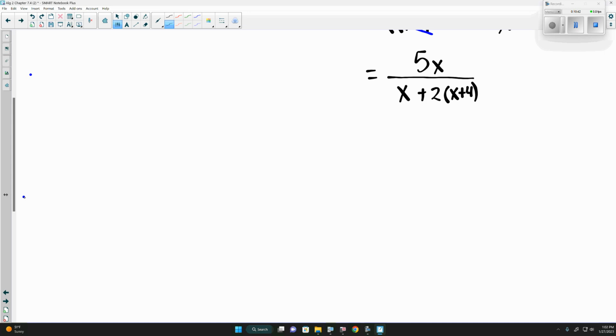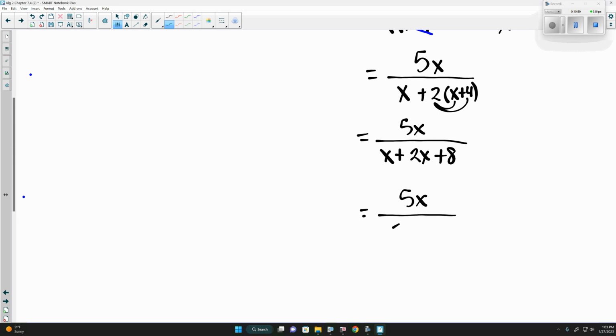Because in the bottom, we still have this here, we need to distribute the 2. So we have x plus 2 times x is 2x. 2 times 4 is plus 8. Combine like terms gives us 3x plus 8. And that is exactly what we got for method 1, yes?